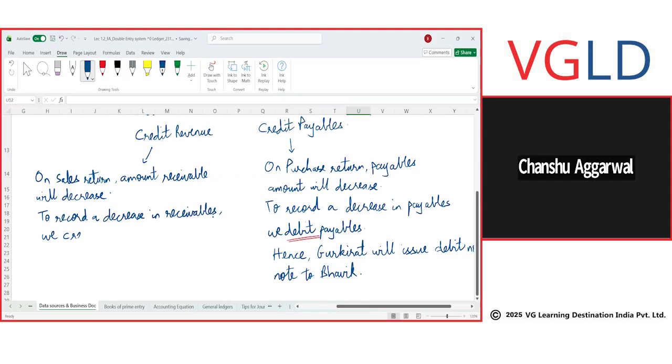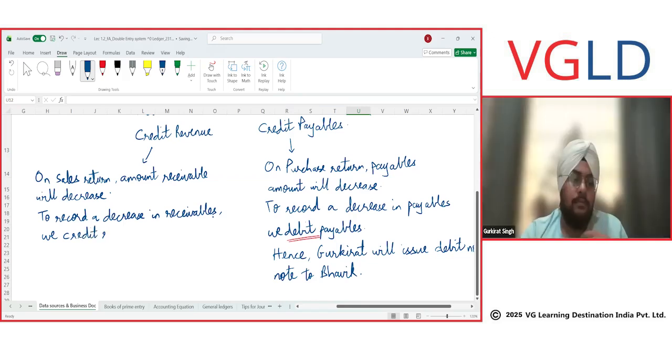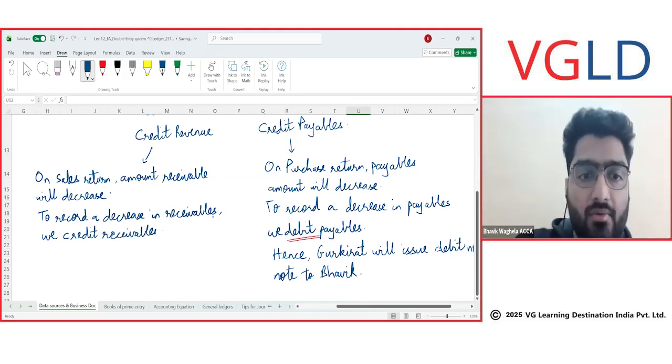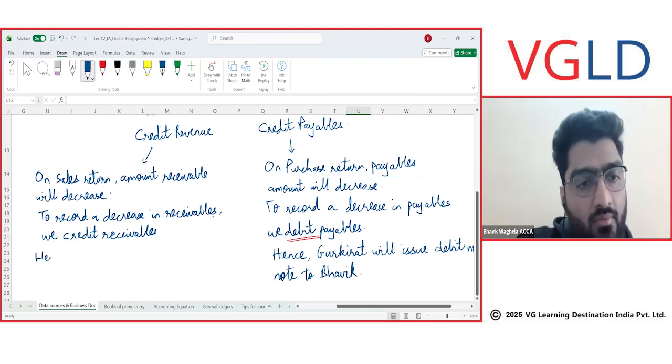Credit, sir. We credit the receivables. Hence, Bhavik will issue a debit note or a credit note?